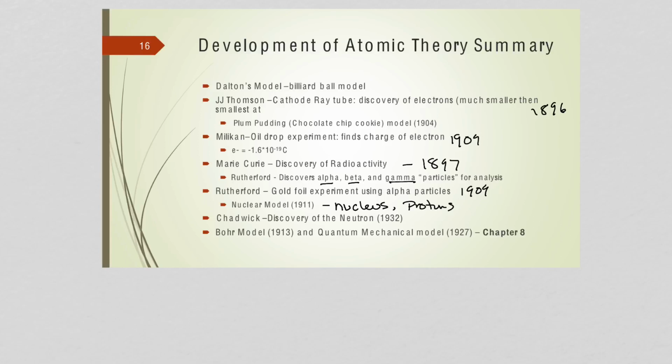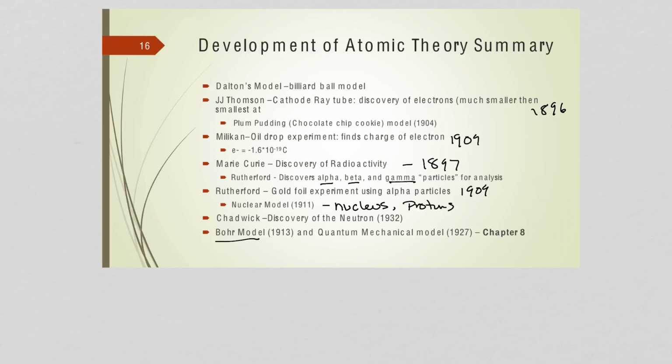In chemical reactions, the nucleus is just along for the ride. It doesn't really get involved. All of the interesting chemistry happens with the electrons, and so further models were developed, principally the Bohr model.